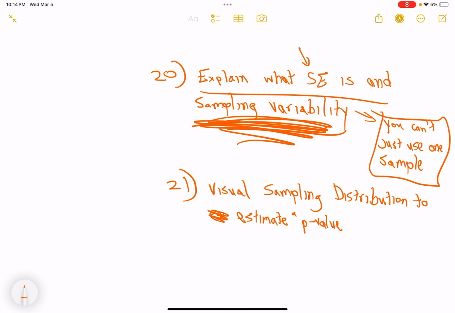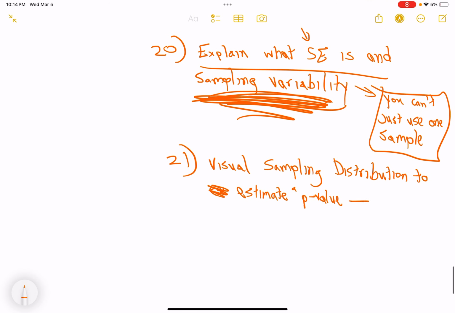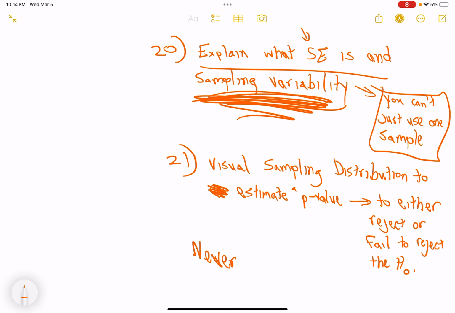And then obviously use that to either reject or fail to reject the null. Legends. Never accept the null. Never accept the null.